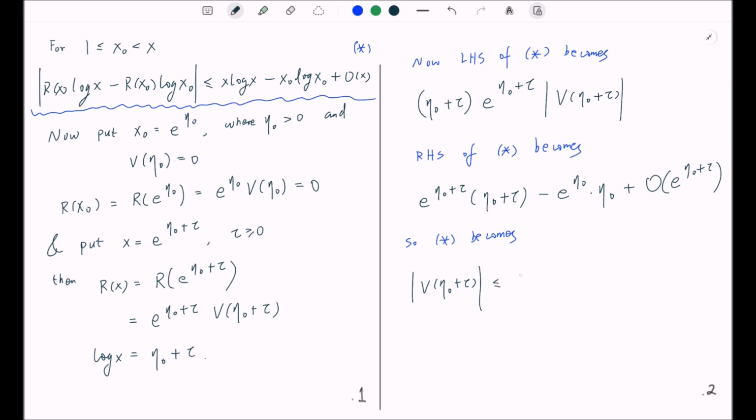This is bounded by 1 minus e to the negative tau eta naught divided by eta naught plus tau, plus big O of 1 over eta naught plus tau. And now let's rewrite this by separating the variable tau and eta.